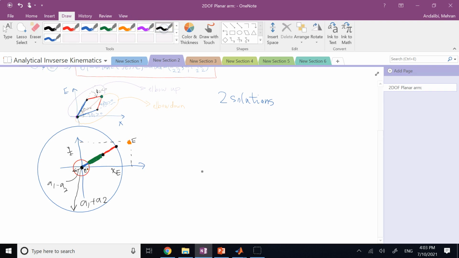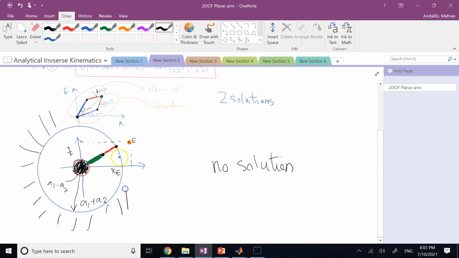So in this case, there is no solution because you are here, these areas in black. Any area here in black, there is no solution. As long as your end effector is in this black area, there is no solution. You can only have solution inside this disk, which, by the way, you call it what?